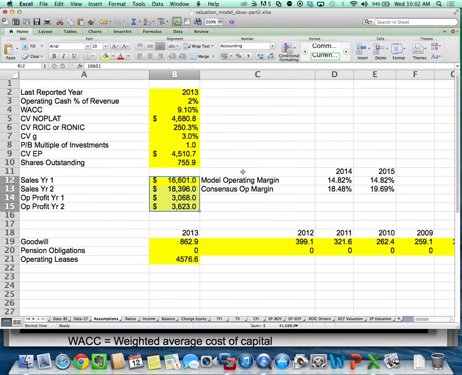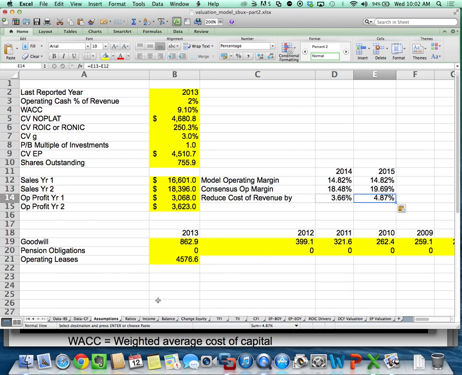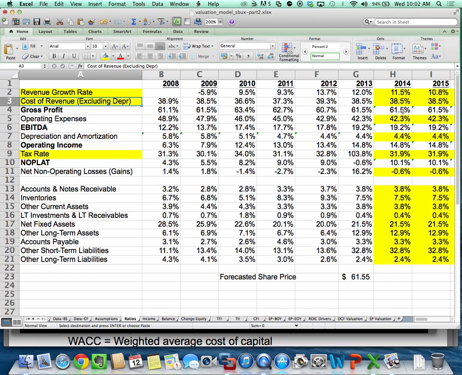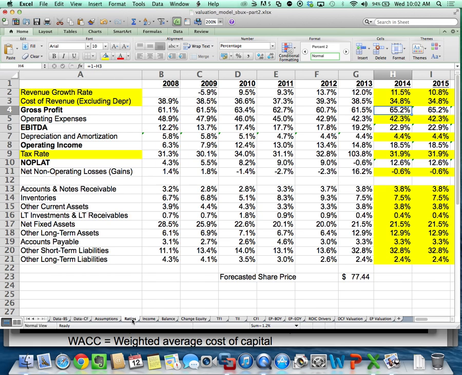So, fortunately, I can't solve for this without creating a circular reference. So what I need to do is reduce cost of revenue by, in 2014, minus 0.0366, and then 2015 minus 0.0121.